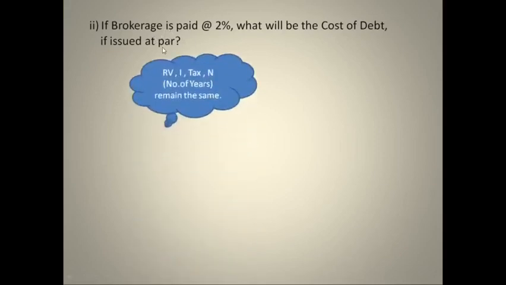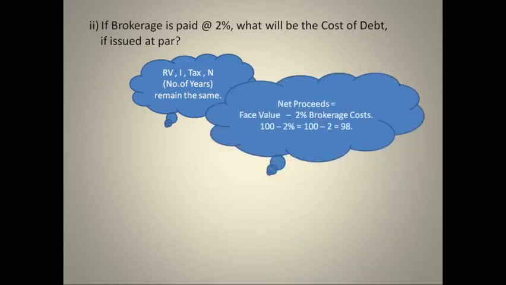And the formula that we are going to use is the RV NP formula. And from that, the trick to remember is that the redeemable value, interest, tax and the number of years will remain the same. We do not have to make any changes in that part. The only thing that's going to change is the net proceeds. And the formula for net proceeds is nothing but face value plus premium minus discount minus the flotation cost.